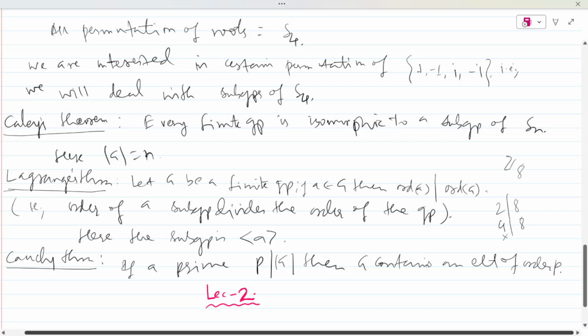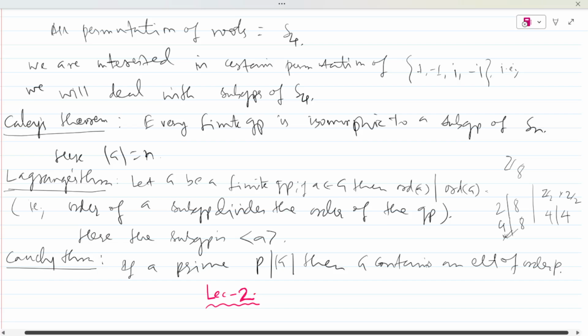Here Z8 may have an element of order 4, but in certain other cases, if the number is not prime, it is not necessary that the group will have an element of that order. For example, 4 divides the order of Z2 cross Z2, which is 4, but Z2 cross Z2 doesn't have an element of order 4.